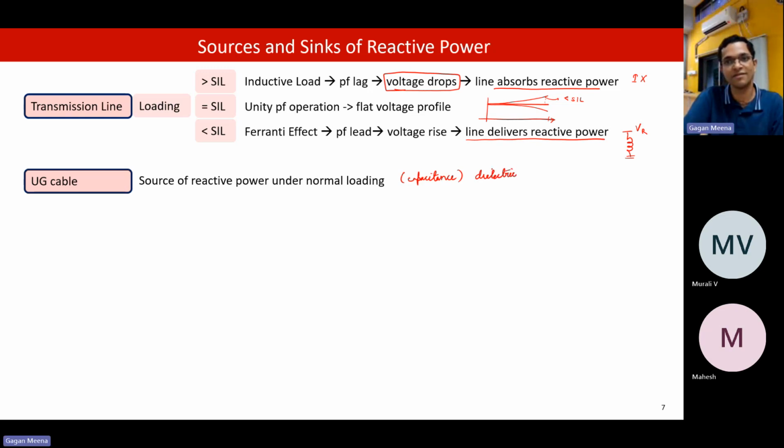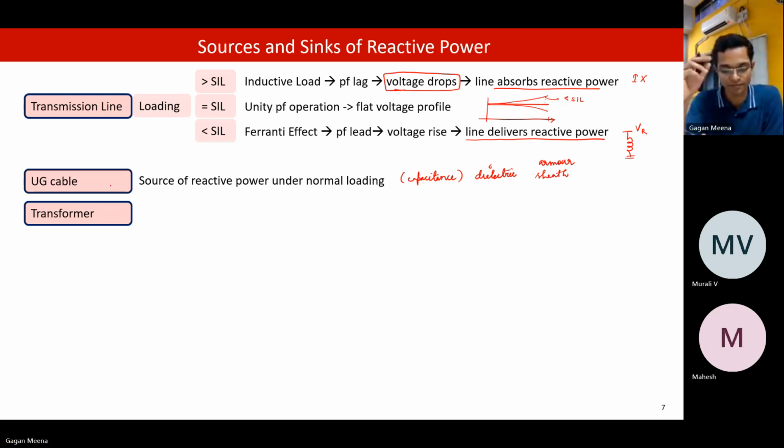We have different armor, sheath, dielectric substance, and insulation. Between each layer there are different dielectrics, and because of them the capacitance of the cable is quite high, and that's why it is delivering reactive power.